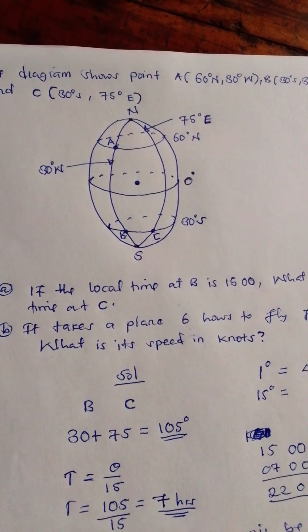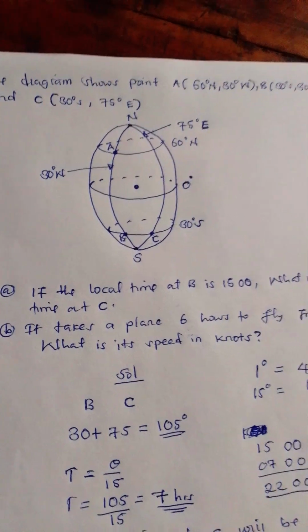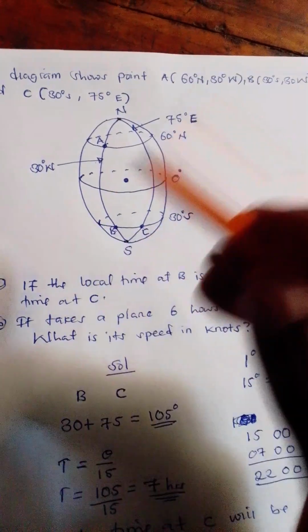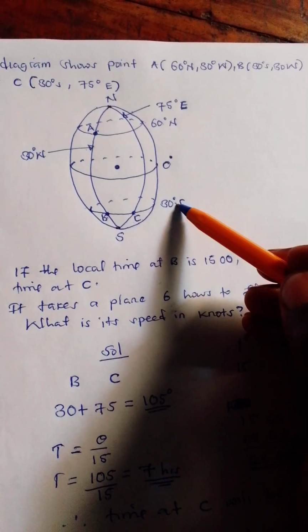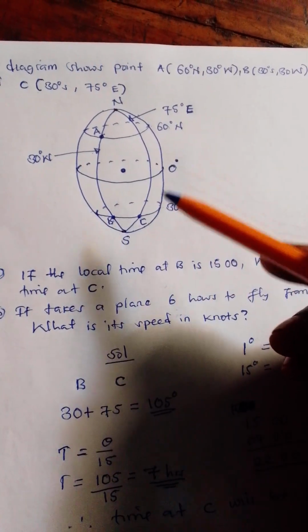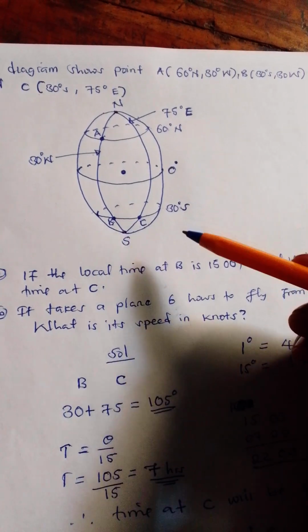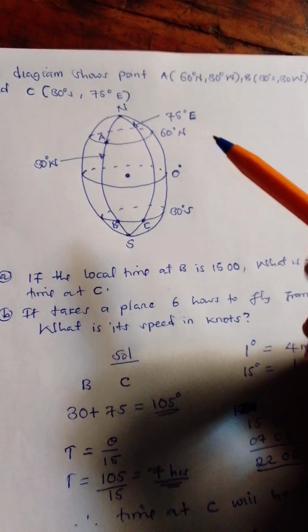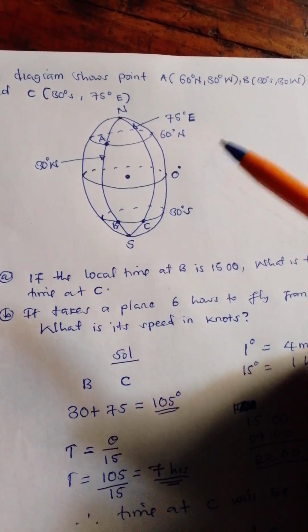The two latitudes we have: A is on latitude 60, B is on latitude 30. Once we add these two latitudes, they are going to be our theta. Since they are on different sides, north and south, we are going to add. If they are on the same side, we are going to subtract.